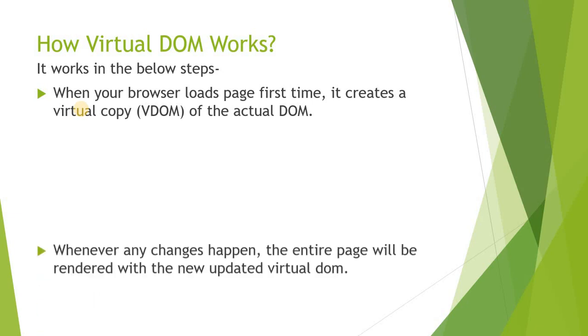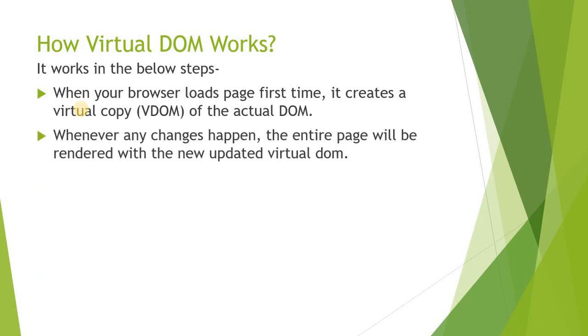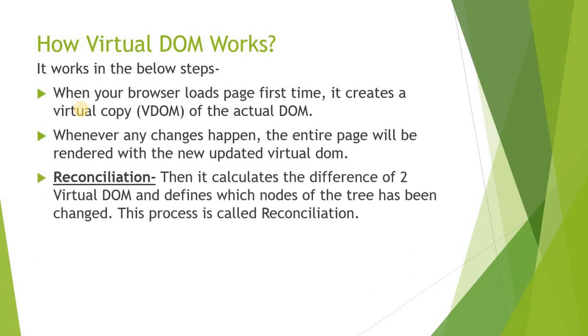So when your browser loads the page the first time, it creates a virtual copy of the actual DOM. Whenever any changes happen, the entire page will be rendered with the new updated virtual DOM. After that, it calculates the difference of two virtual DOMs and determines which node of the tree has been changed.